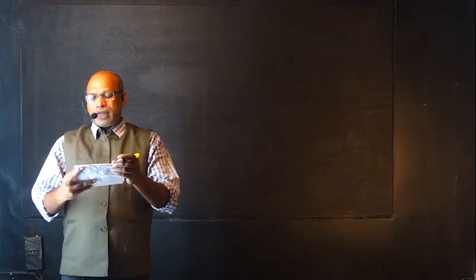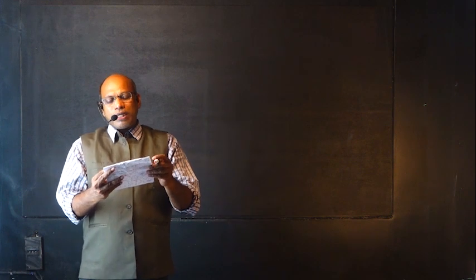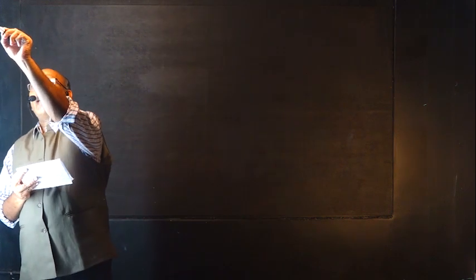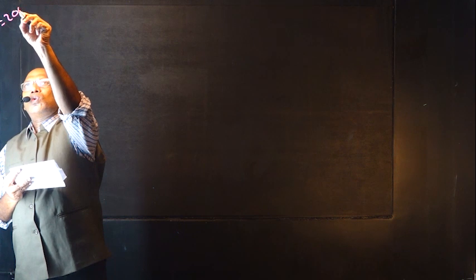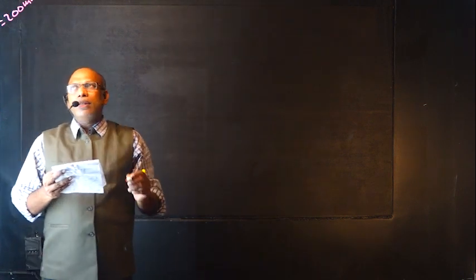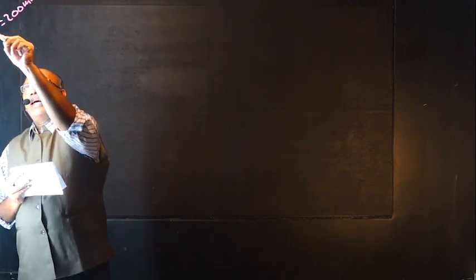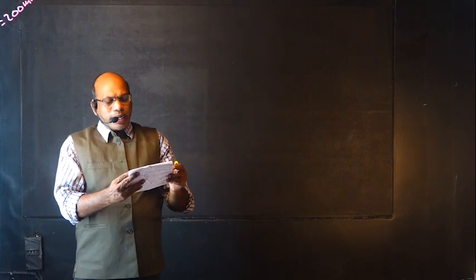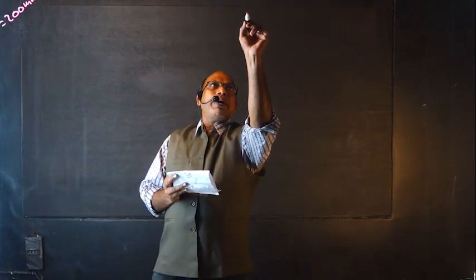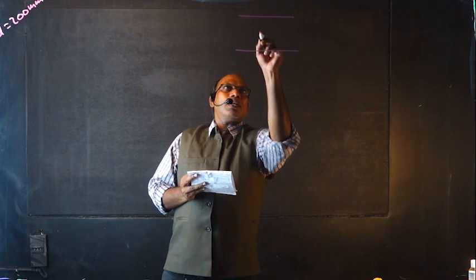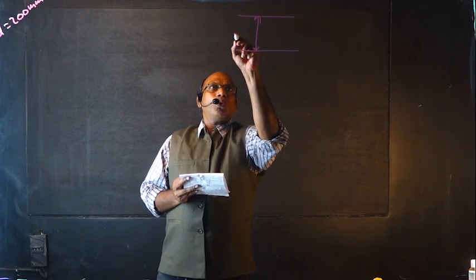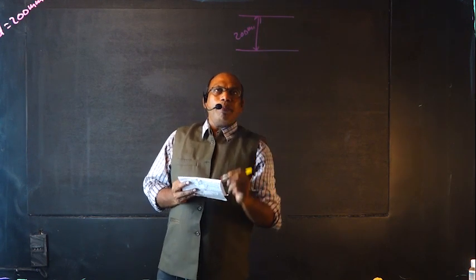Here in this problem, they have given the diameter of the pipe D equal to 200 mm. Suppose this is the pipe, the diameter equal to 200 mm.